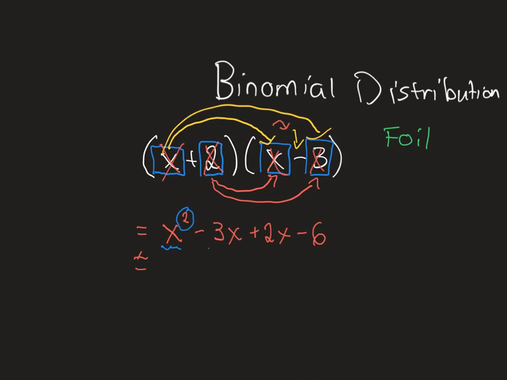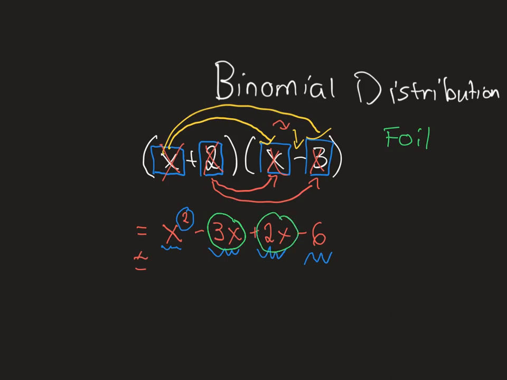You then have negative 3x, positive 2x, and negative 6. Now, there's a reason why I put different squiggles beside each one, because x squared is definitely not the same as 3x.